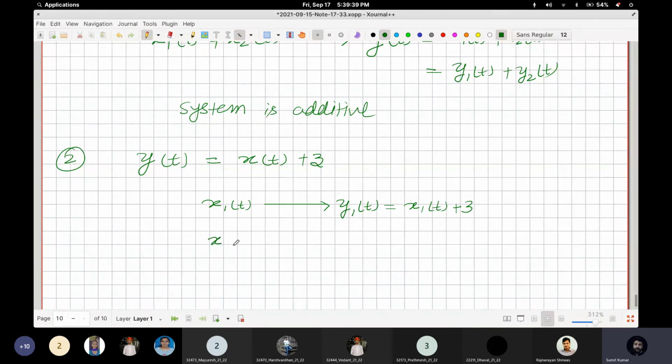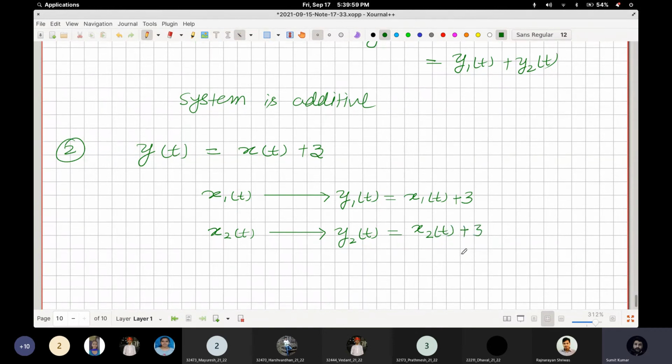You have a second input. Let me assume this x2(t). So what will the output be? Let me assume that to be y2(t). And what will y2(t) be equal to in this case? Input plus 3, isn't it? So it is x2(t) plus 3.